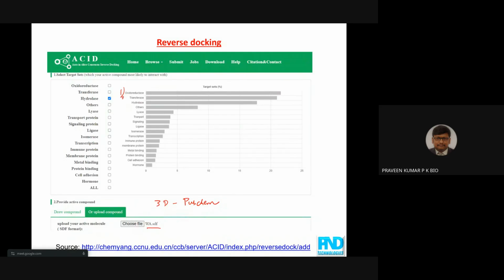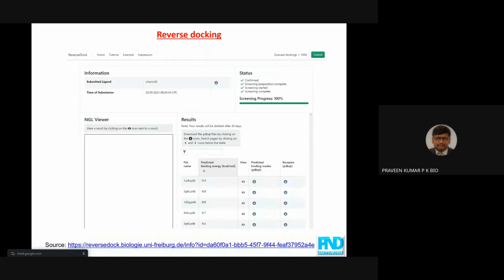Next to oxidoreductase, we can also find this plant compound as a transferase inhibitor and also a hydrolase inhibitor. It also shows activity for other receptor classes like ligase and transport signaling, but this is less compared to the top three receptor activities. So this is what we call reverse docking or target deconvolution.